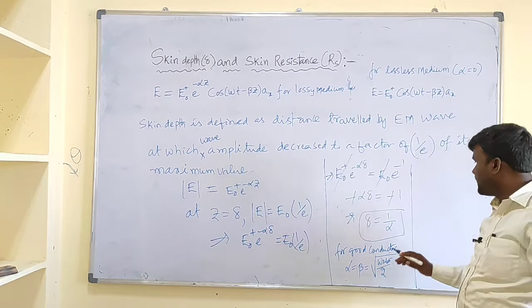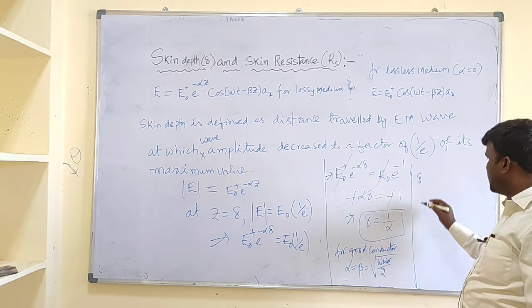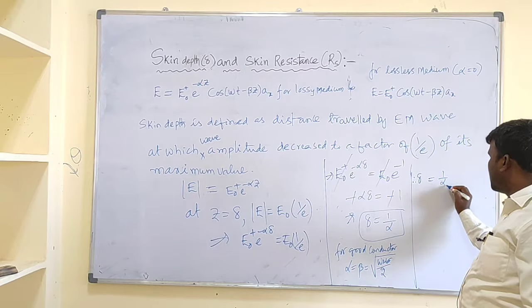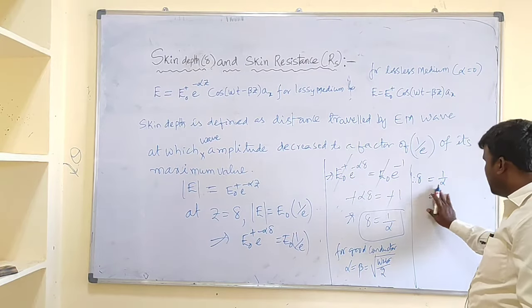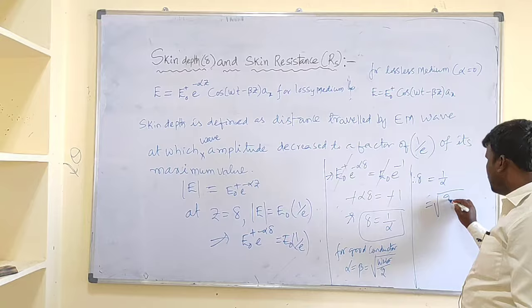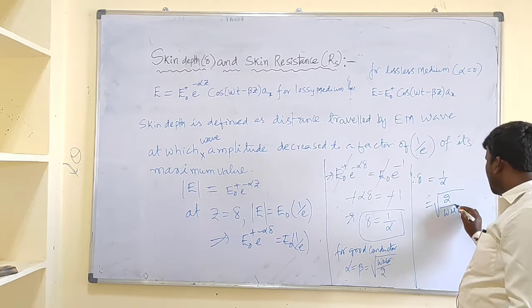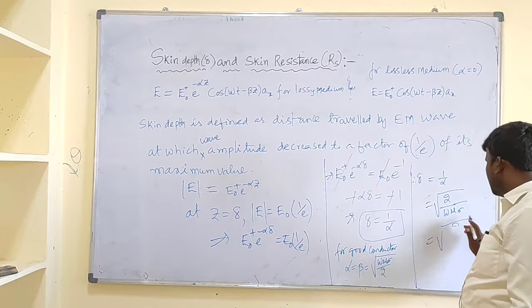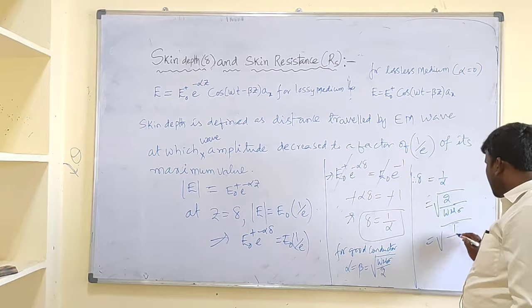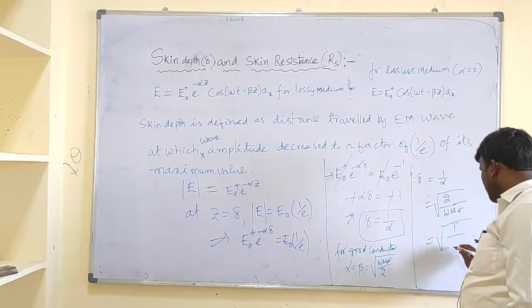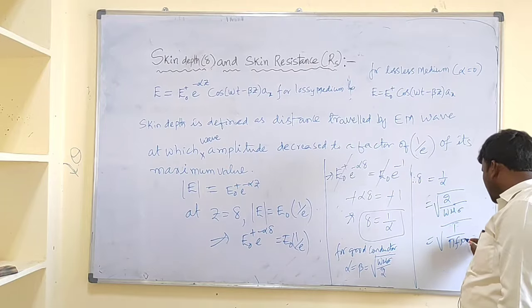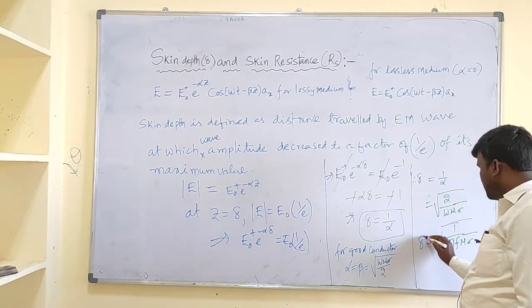So therefore delta equals 1 by alpha, which we can write as under root 2 by omega mu sigma. Or else it can be written like this: as omega is 2 pi f, this 2 and this 2 cancel out, so we get 1 by under root pi f mu sigma.